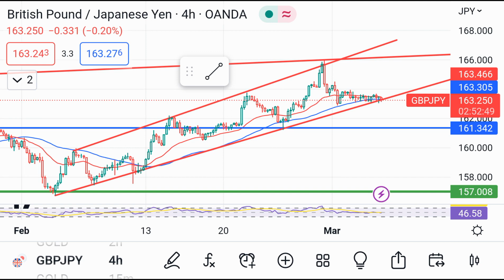Since it is an uptrend, it gives you a high probability opportunity to take the trade. So when you take your trade around this trend line, you have a high probability setup that can yield you massive profits.